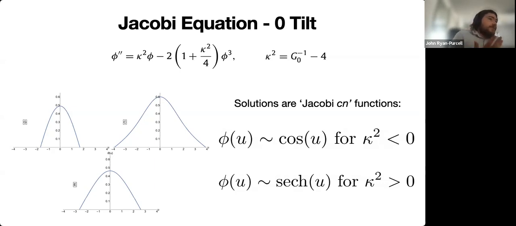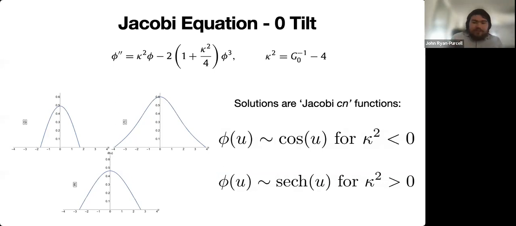The analytic solutions to this Jacobi equation are special Jacobi cn functions. The only thing you need to know about those now is that they look approximately like cosine of u for kappa squared less than 0, and approximately like secant of u for kappa squared greater than 0.